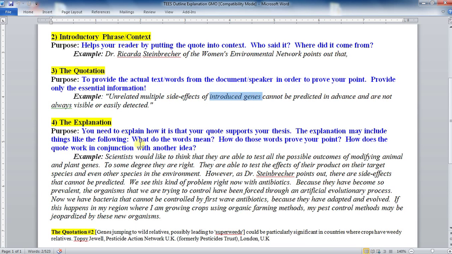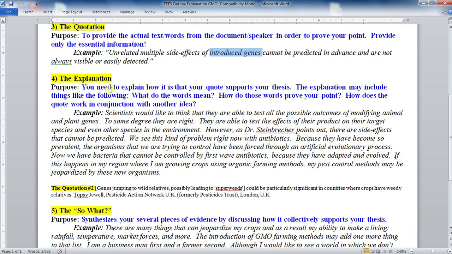Okay? And so this is my explanation that I give right here, and the explanation is basically as follows. Scientists would like to think that they are able to test all the possible outcomes of modifying animal and plant genes. To some degree, they are right. They are able to test the effects of their product on their target species and even other species in the environment.